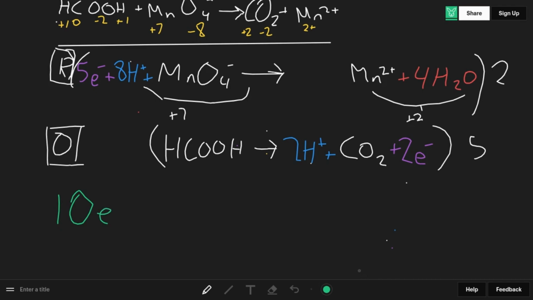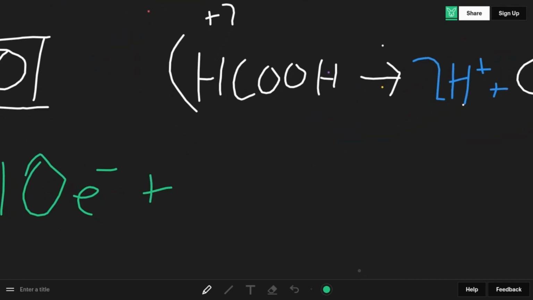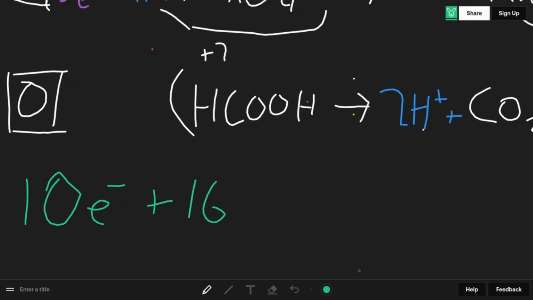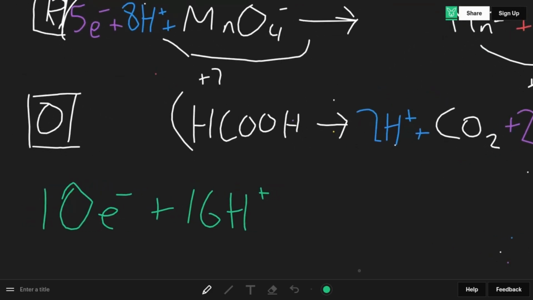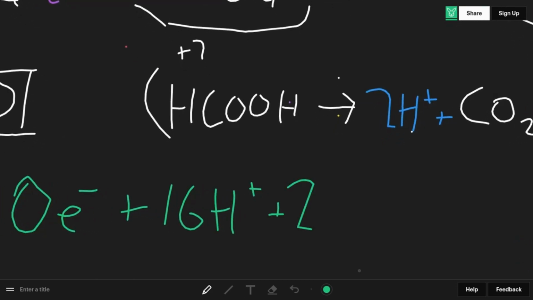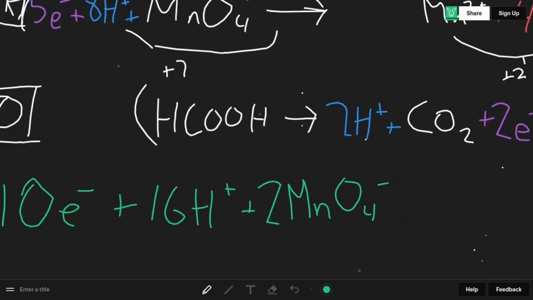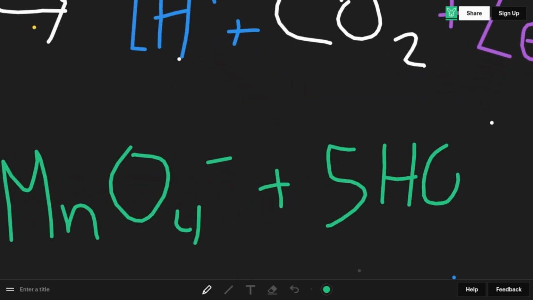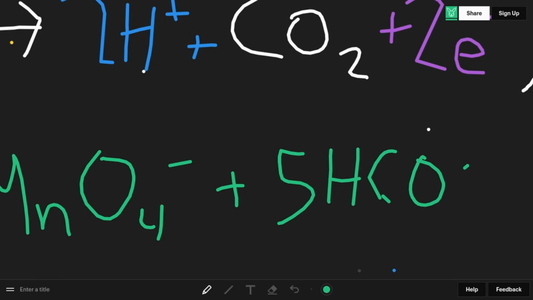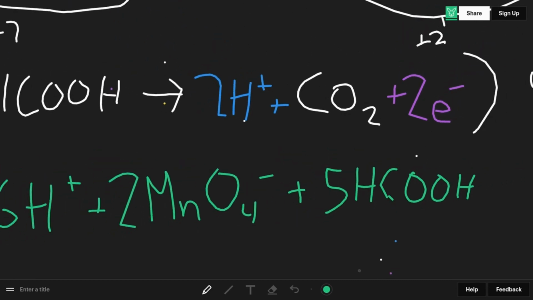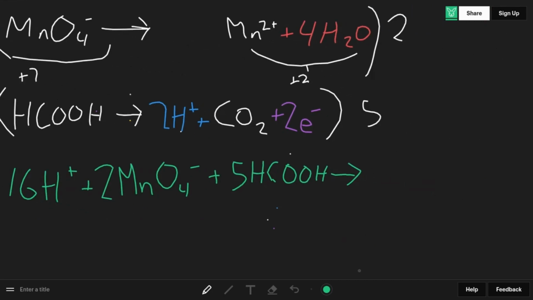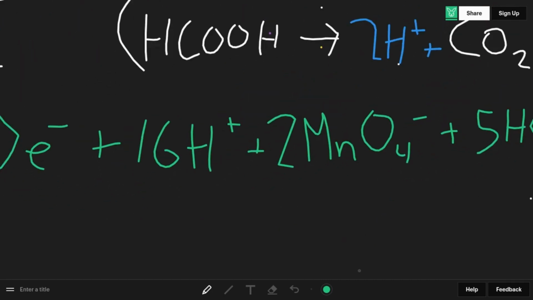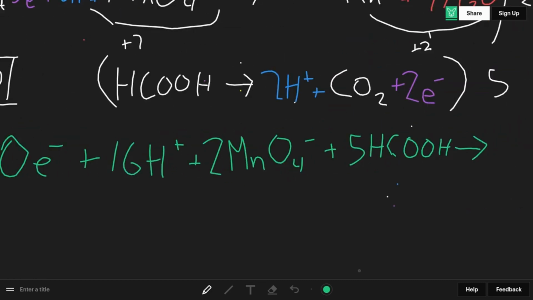10 electrons plus 16 protons, 2 moles of permanganate, and then 5 moles of the formic acid. I'll do this over here.